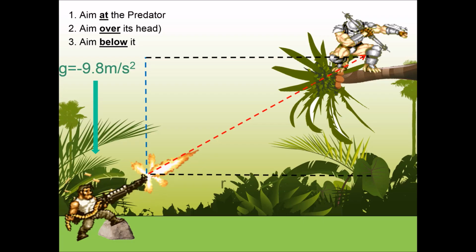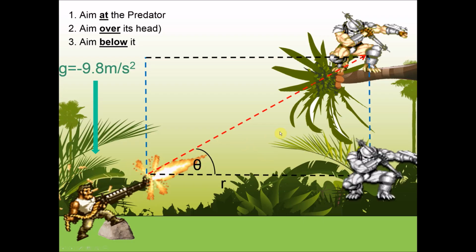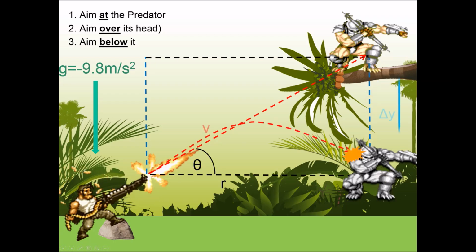There's the distance here from him to the predator in the tree. The predator is going to drop from the tree at the same time as the bullet exits the gun. There's going to be an X direction, a range, an angle theta for his bullet, and of course a height, a delta Y, through which the predator will drop. We want the bullet to intersect the position of the predator.